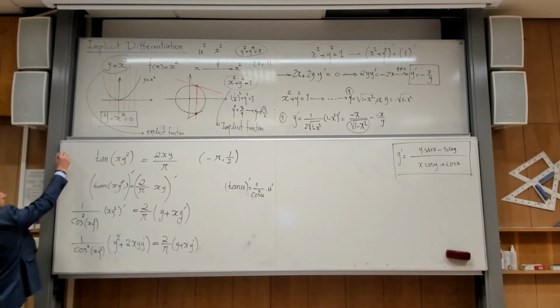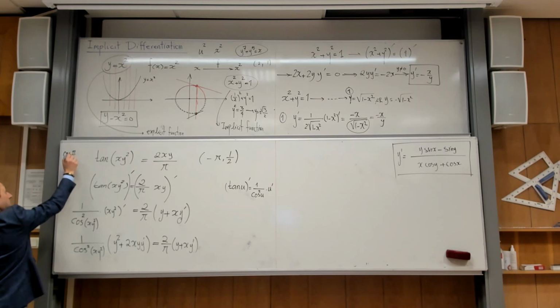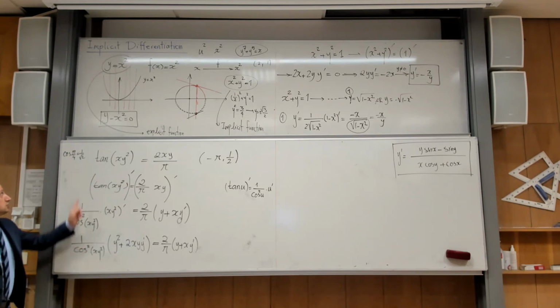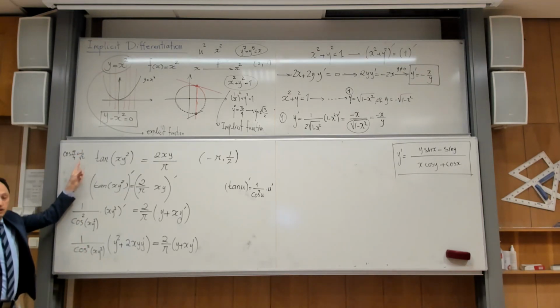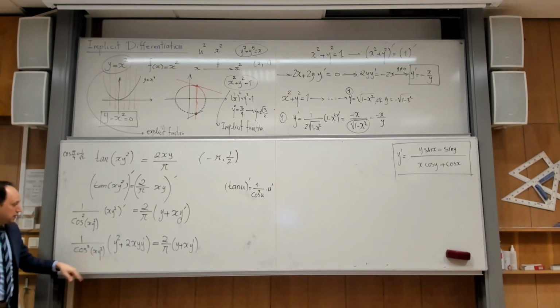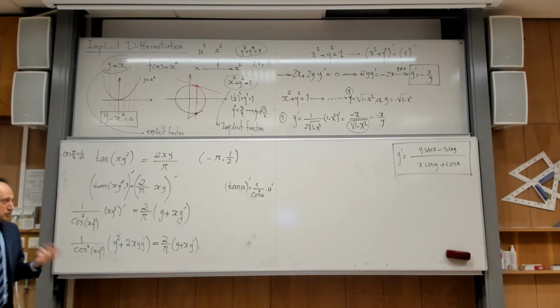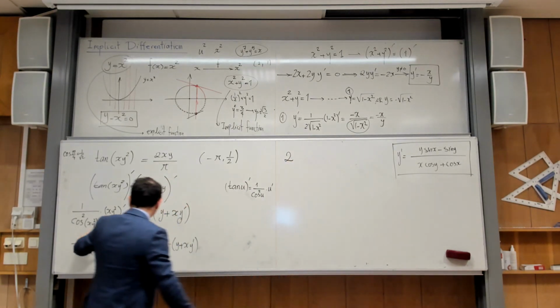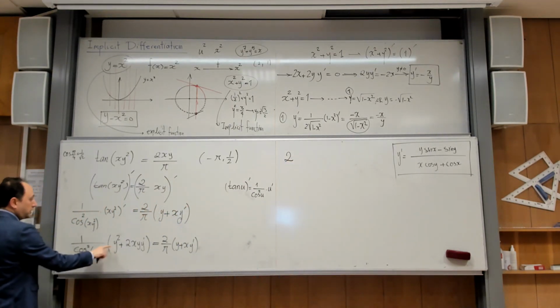Cosine of pi over 4 is 1 over square root of 2. And then you raise it to power 2, so it becomes 1 over 2. But because 1 over 2 is in the denominator, it goes to the numerator and becomes 2. Yes? So these calculations you can do. So the first thing is 2. And then I go here. What is y squared?